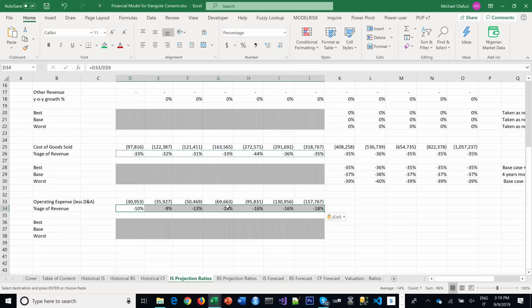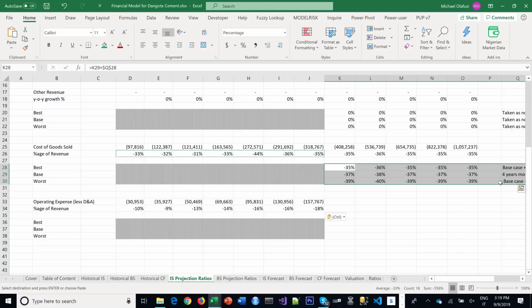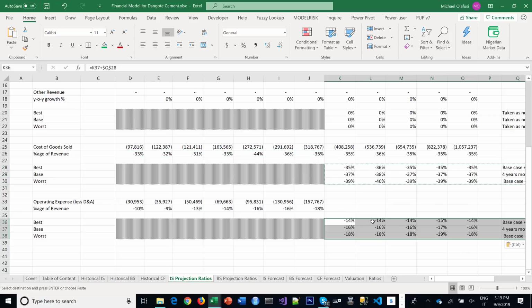So Dangote Cement typically spends between 9 to 18% of their revenue as operating expense. So I'm going to use the same approach. I can say it goes up and down by 2%.